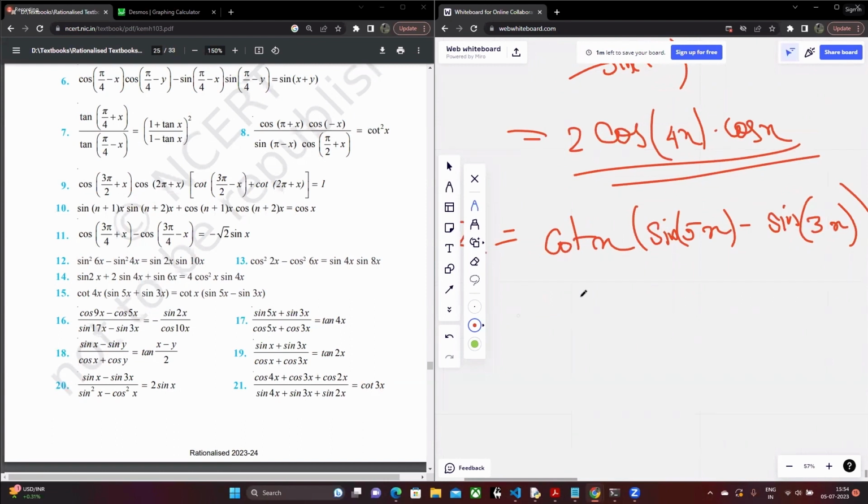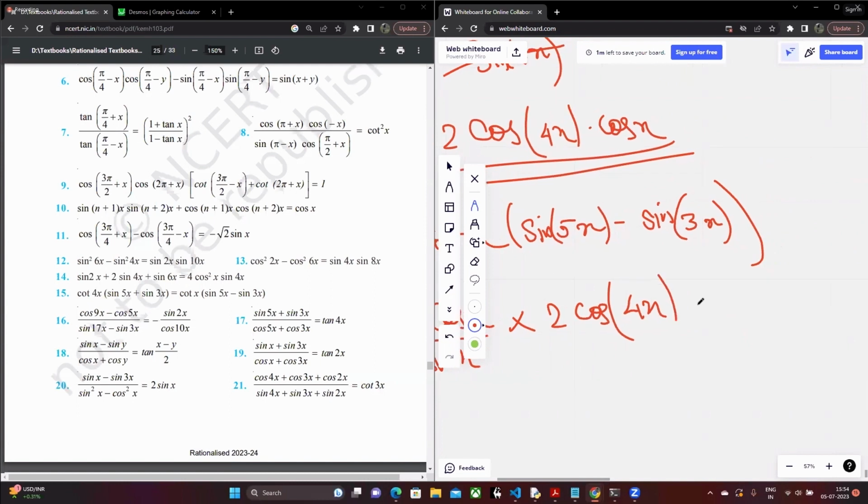Right? This is equal to, since this is sine A minus sine B, I'll basically substitute cot x also over here. This is going to be cos x divided by sine x into 2, this cos of A plus B by 2, cos 4x into, this is going to be sine of A minus B by 2.